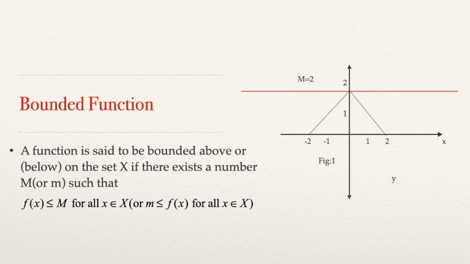So what is a bounded function? A function is said to be bounded above or below on the set X if there exists a number M or small m such that f of x is less than or equal to capital M for all x belonging to set X, or small m is less than or equal to f of x for all x belonging to capital X. In the nearby picture I have told you only the upper limit, that is capital M. Can you guess what is the lower limit of this function?